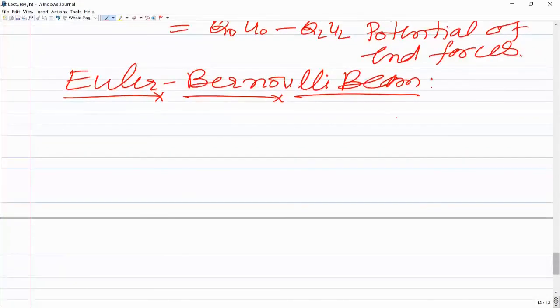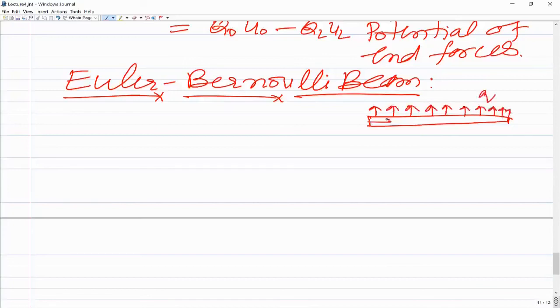For this we have already seen the problem we are taking. This is a beam whose length is much larger compared to the cross-sectional dimensions, but it is subjected to a transverse force q. This is the x coordinate, this is the y coordinate, and the deflection along the y direction is v.